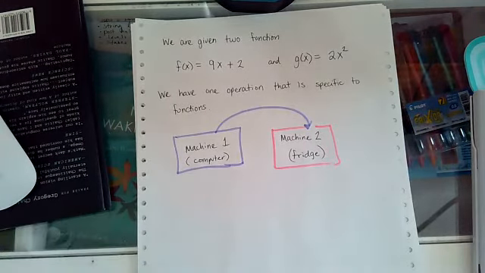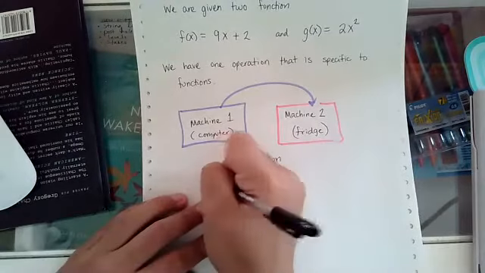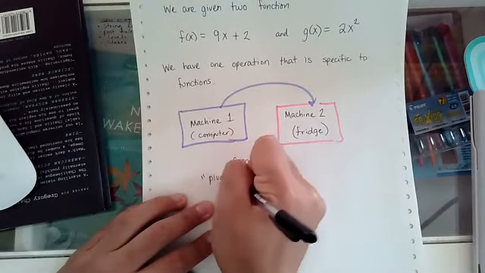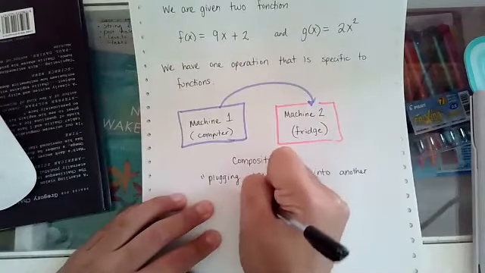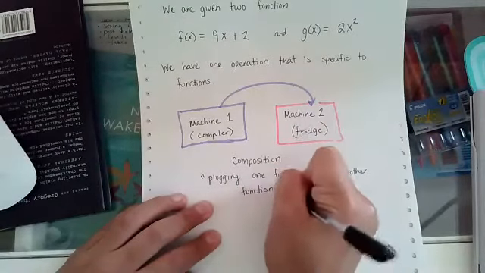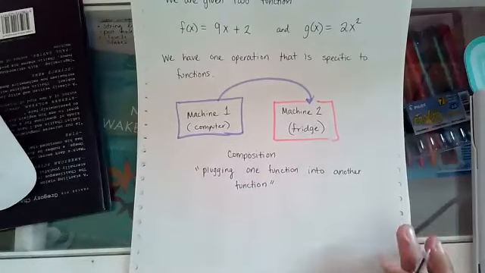What we would call in mathematics composition. You can think about it as plugging one function into another function to make a more complicated function or a more complicated machine.